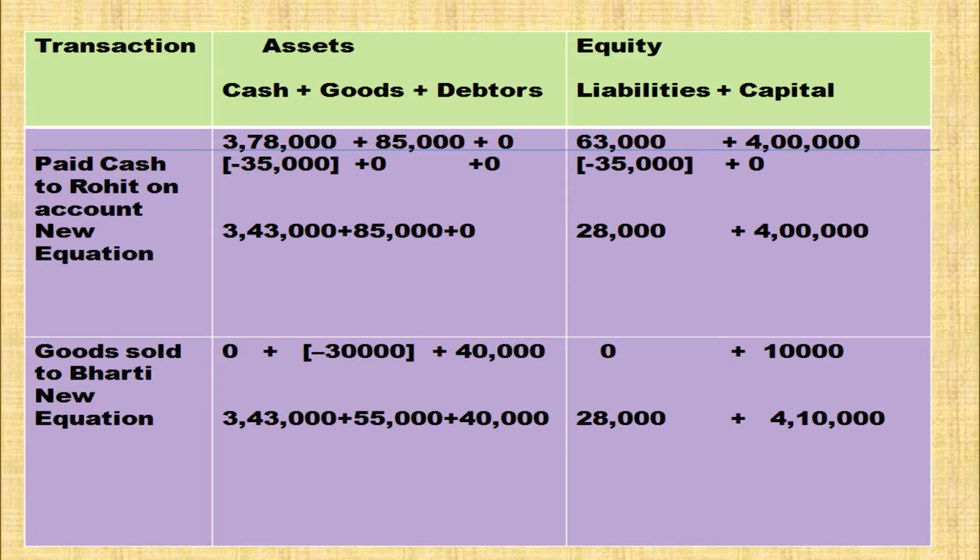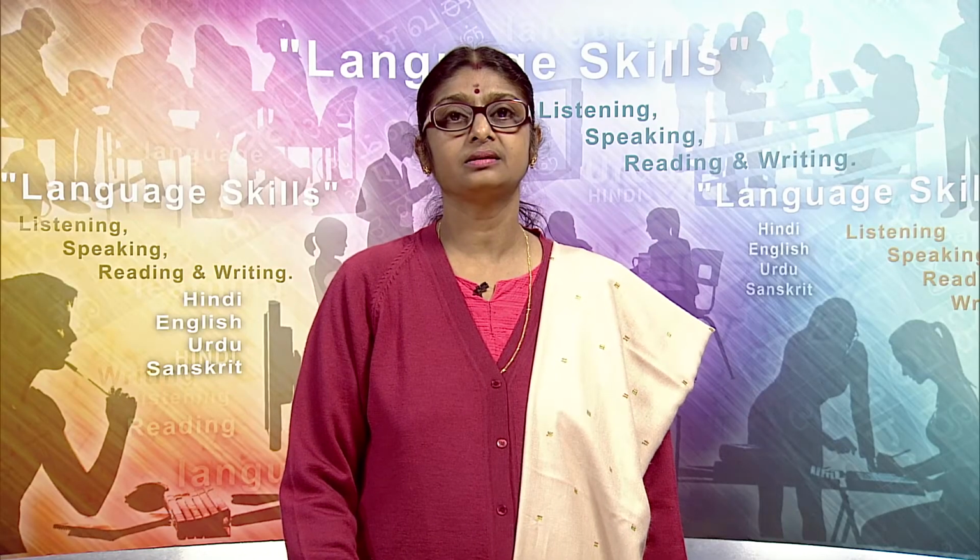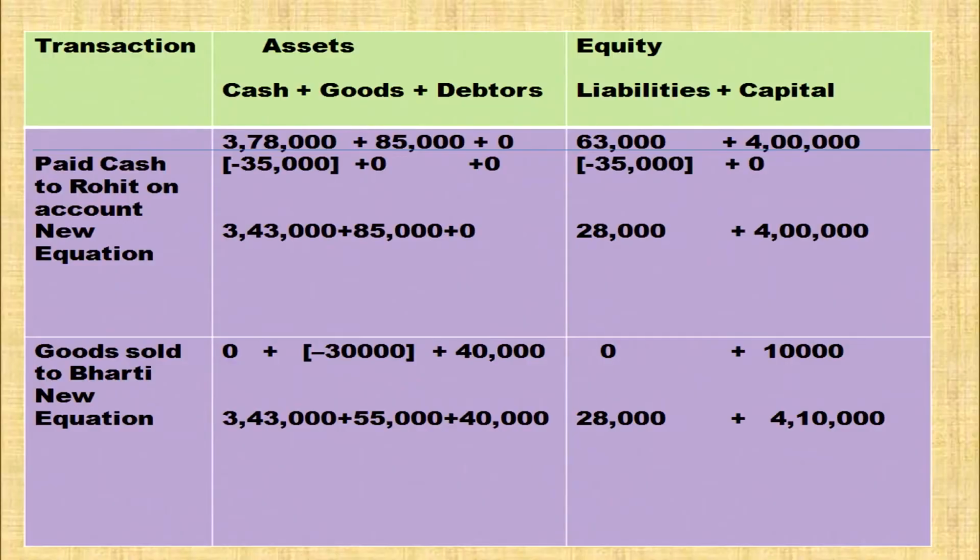Goods sold to Bharti. Cost price 30,000. So 30,000 is deducted in the goods column and it is sold on credit. Debtors increase, plus 40,000 in the debtors column. 40,000 minus 30,000, that is selling price minus cost price, will give 10,000. It is a profit, as the selling price is more than the cost price. So add it with the capital.